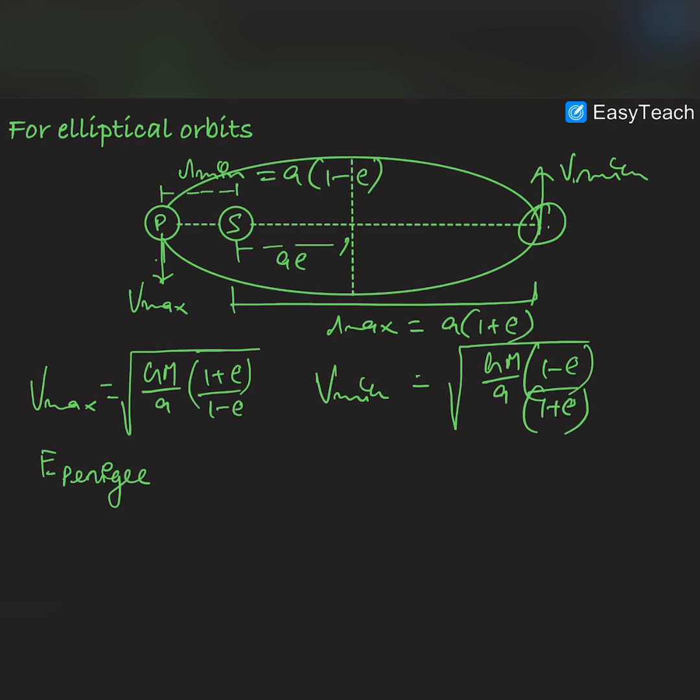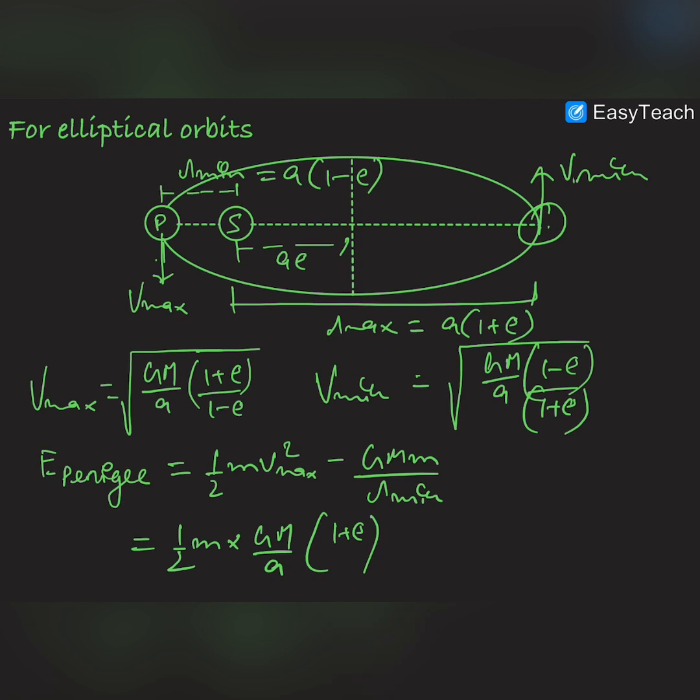So energy at perigee is half m V max square plus potential energy, which is minus GMm by r minimum. So this is half m into GM by a into 1 plus e upon 1 minus e, minus GMm by r minimum, which is equal to a into 1 minus e.